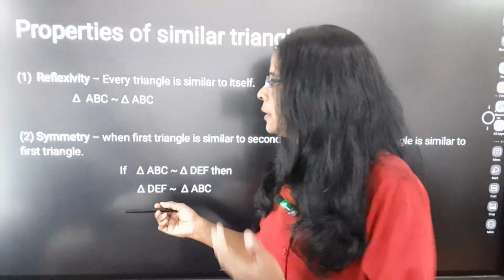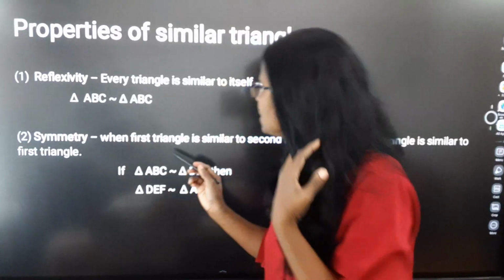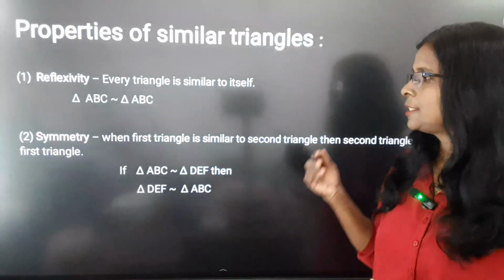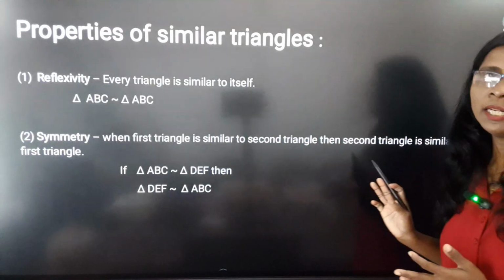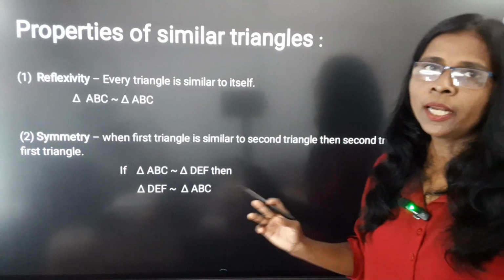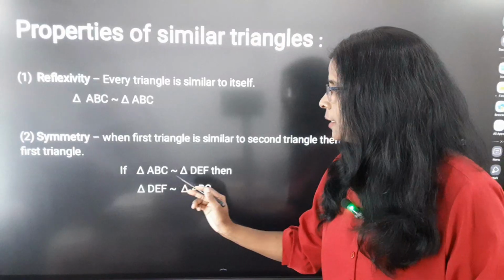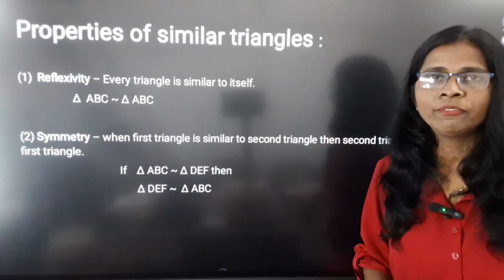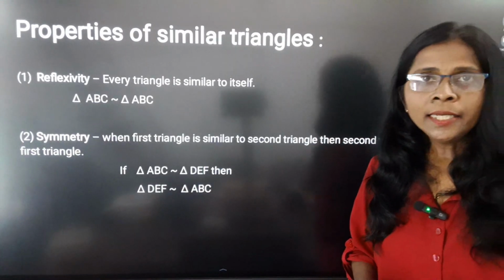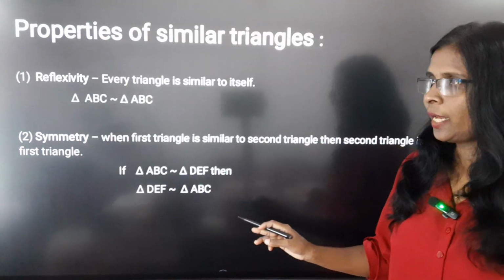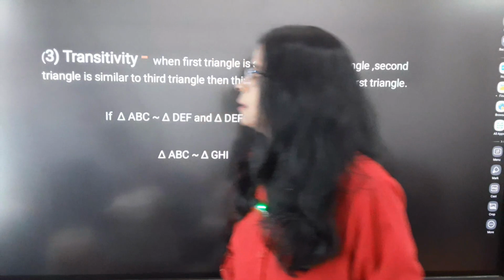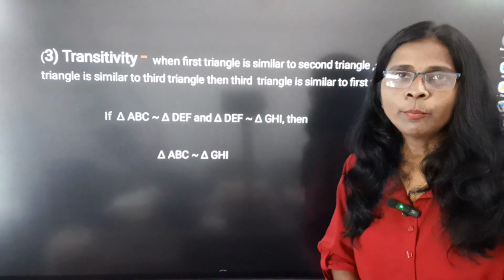The second one is symmetry. When the first triangle is similar to the second triangle, then the second triangle is similar to the first triangle. For example, if triangle ABC is similar to triangle DEF, then triangle DEF is also similar to triangle ABC. And the next one is the transitivity property.